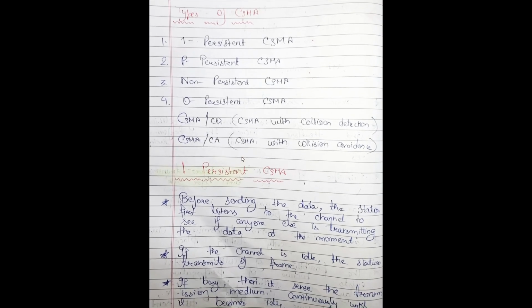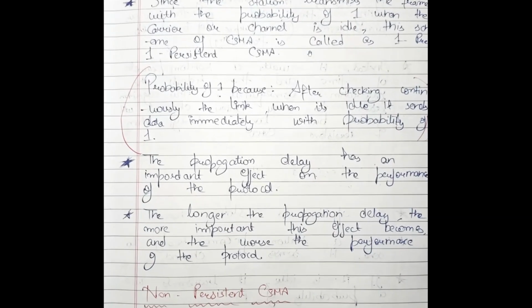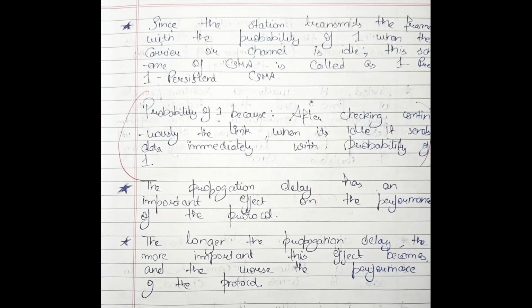We all know that is what CSMA does. The reason it is called 1-persistent CSMA is that it sends the data with the probability of 1. Suppose it found that the medium is free and it is able to transmit. It is going to immediately send its data with the probability of 1, which means it is absolutely certain that it is going to send the data.